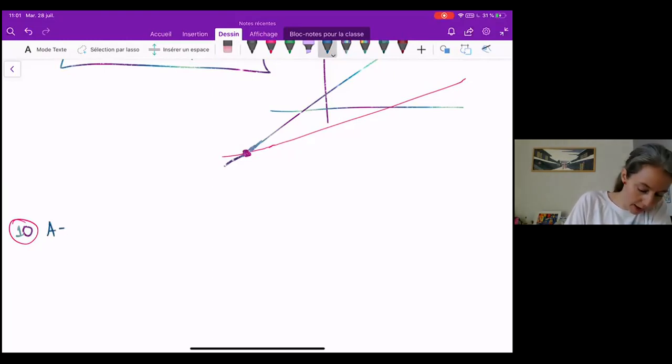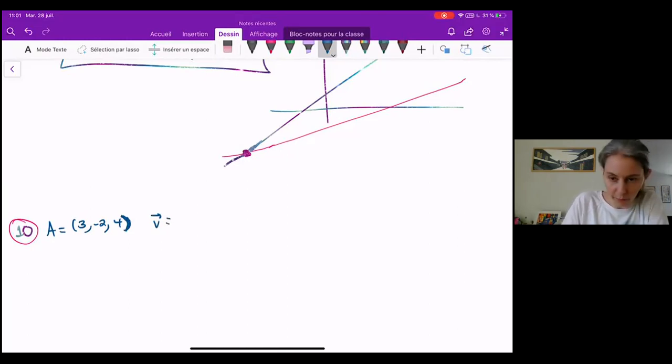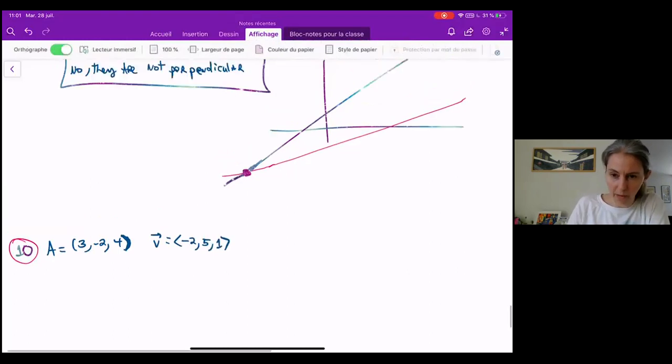So here we have A is equal to 3, negative 2, 4, and V is equal to negative 2, 5, 1.